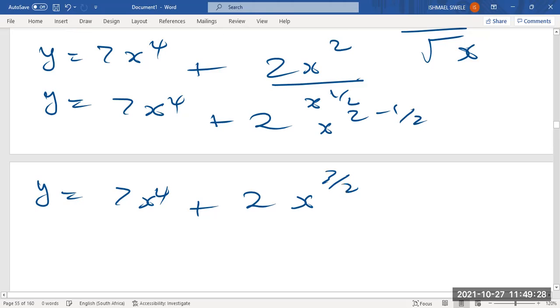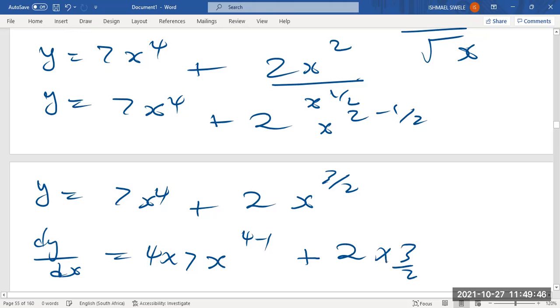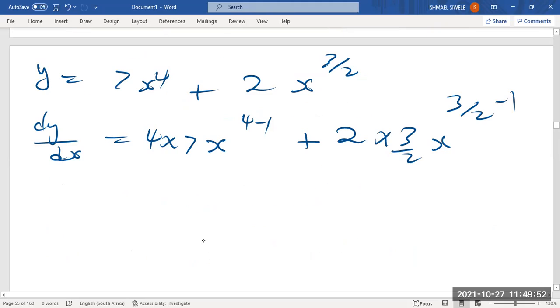We haven't started differentiating. Now dy over dx is 7 times x exponent 4 minus 1 plus 2 times 3 over 2 x exponent 3 over 2 minus 1, right? So this is what we have.